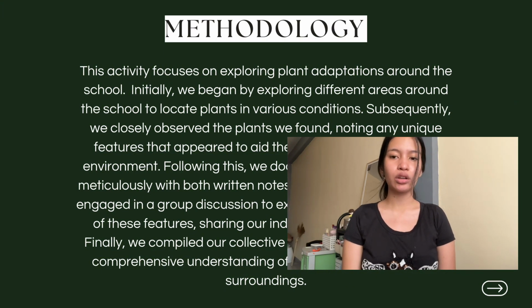Following this, we documented our observations meticulously with both written notes and photographs. Next, we engaged in a group discussion to explore the potential functions of these features, sharing our individual ideas and insights. Finally, we compiled our collective findings and presented our comprehensive understanding of how plants adapt to their surroundings.